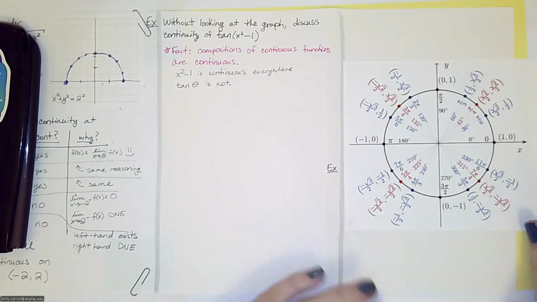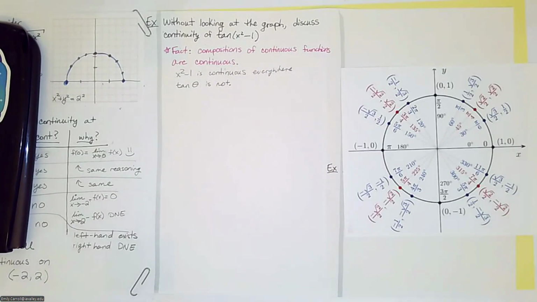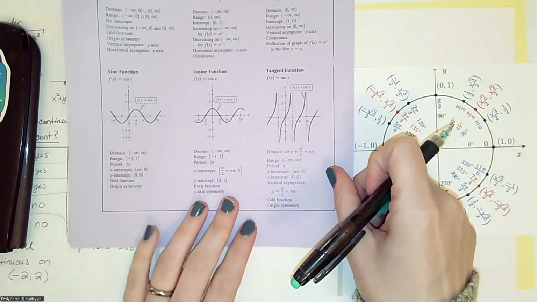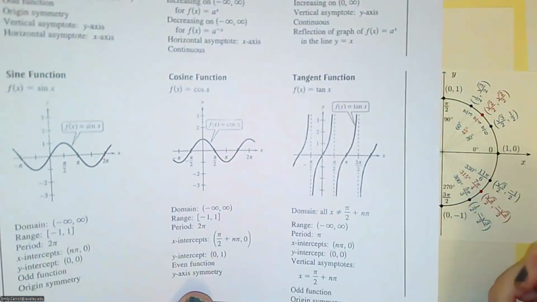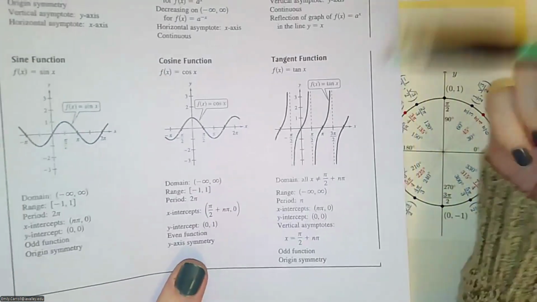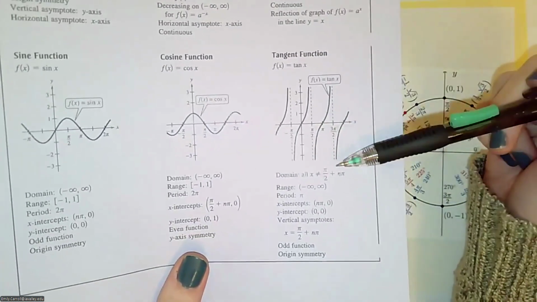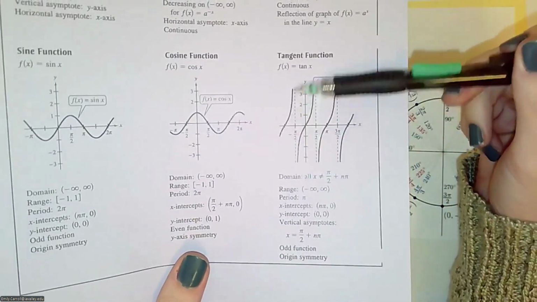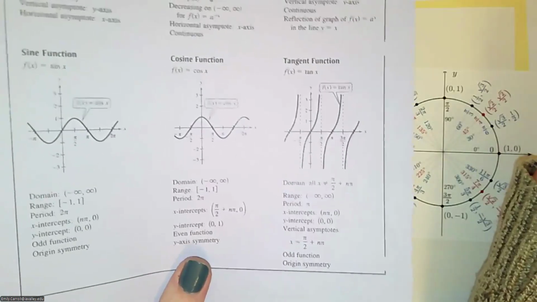Tangent has many asymptotes, at the end of each one of its periods. I can show you a graph of the tangent function from my purple packet here. It's got an asymptote at pi over 2, 3 pi over 2, and negative pi over 2. It's got lots of asymptotes.